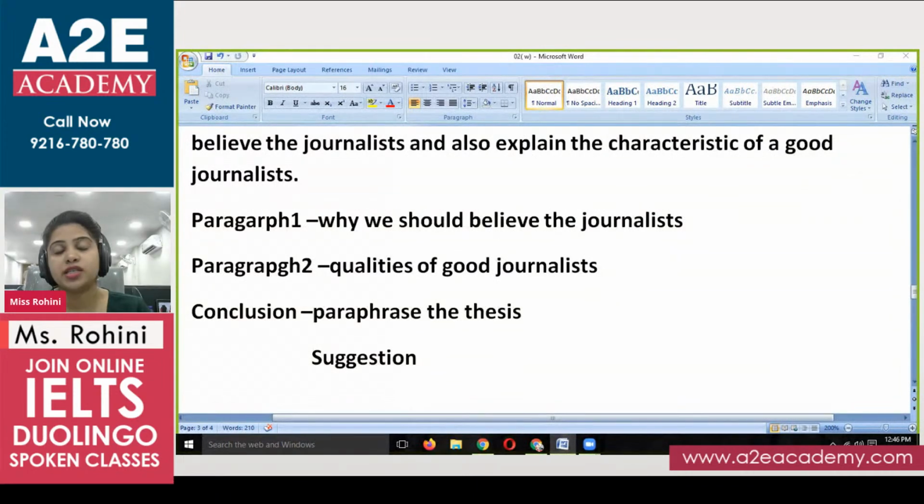We have observed many times that journalists give you information in many languages, basically in the native language and in the English language. So they must have a good command, good control over the language. They must have good communication skills. They must have flexible knowledge as well.